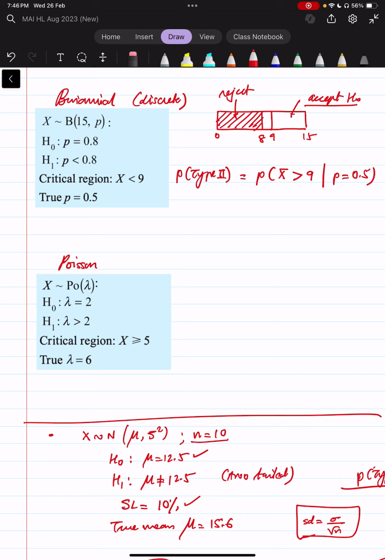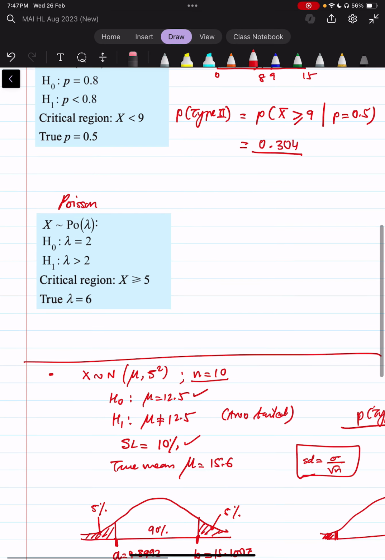So distribution, binomial, BCD, lower limit in BCD is 9, greater than or equal to 9. Upper limit is 15. Number of trials 15. Probability I have to use 0.5. I have to use the true p value. I take that and my answer is 0.304. So that's your probability of type 2 error.